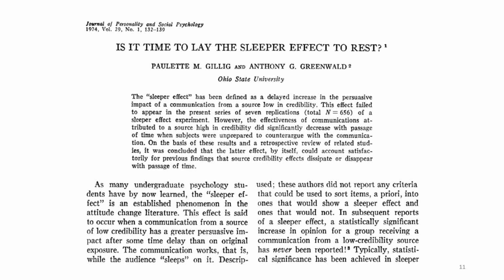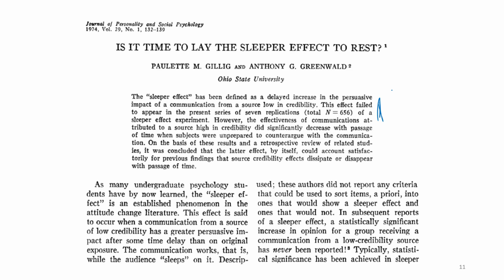So one of the first examples I can identify of this phenomenon is an article published in 1974 in the Journal of Personality and Social Psychology, JPSP. Paulette Gillig was a student of Tony Greenwald's, and they did at the time a rather large set of work.